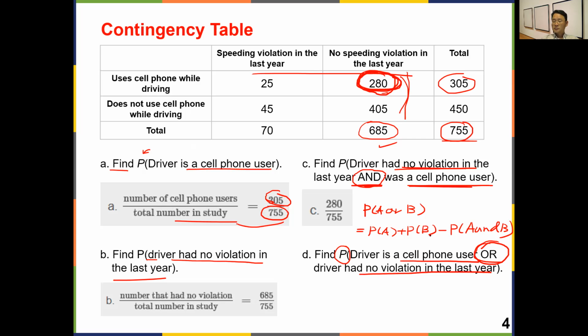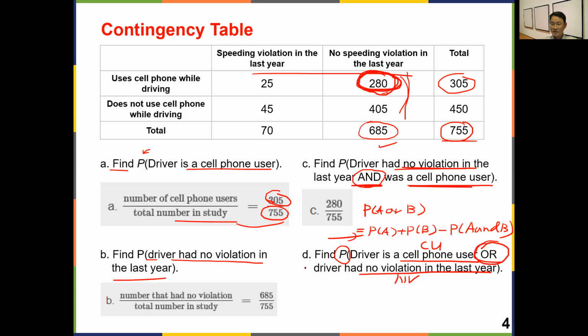So let me give a little bit of time so you can think about this. At least just put it in the formula, right? You can say cell phone user as CU or something like that, and no violation as NV if you want to. Okay. So how do you do this?